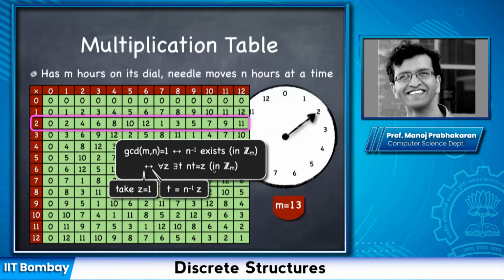This statement is for every z. And since all m of them need to appear, and there are only m columns, there are no repetitions. What you're seeing here is a permutation of 0 to 12 sitting in that row, and every row will look like that. Every row will be a permutation of 0 to m, for every n that is co-prime with m, which in this case happens to be every row other than n equal to 0 because m is prime.